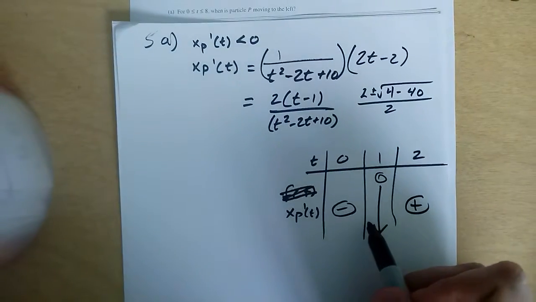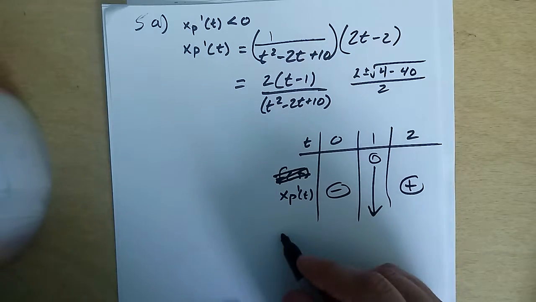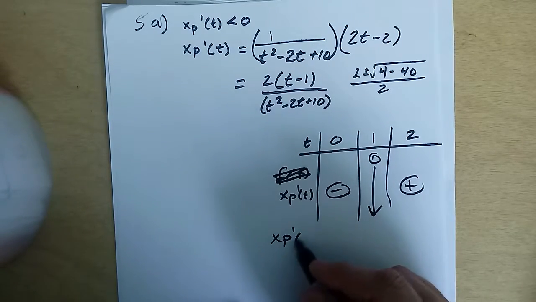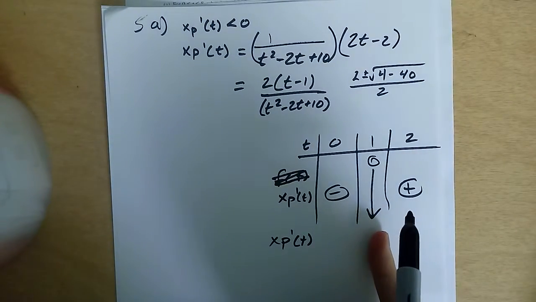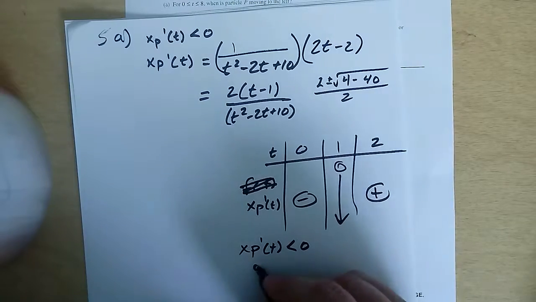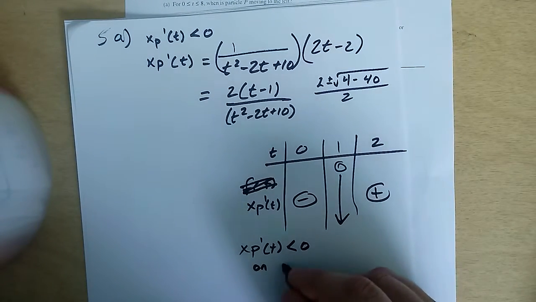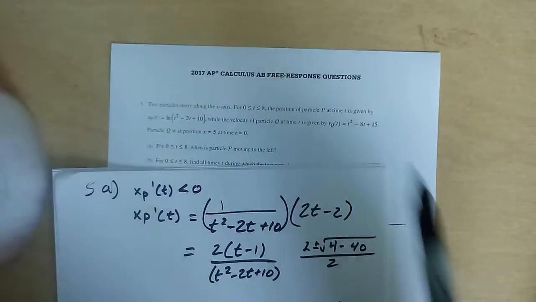So that tells me xP'(t) is going to be negative for all values less than 1, but I can't say negative infinity to 1, because our interval starts at 0. Remember, it says from 0 to 8.